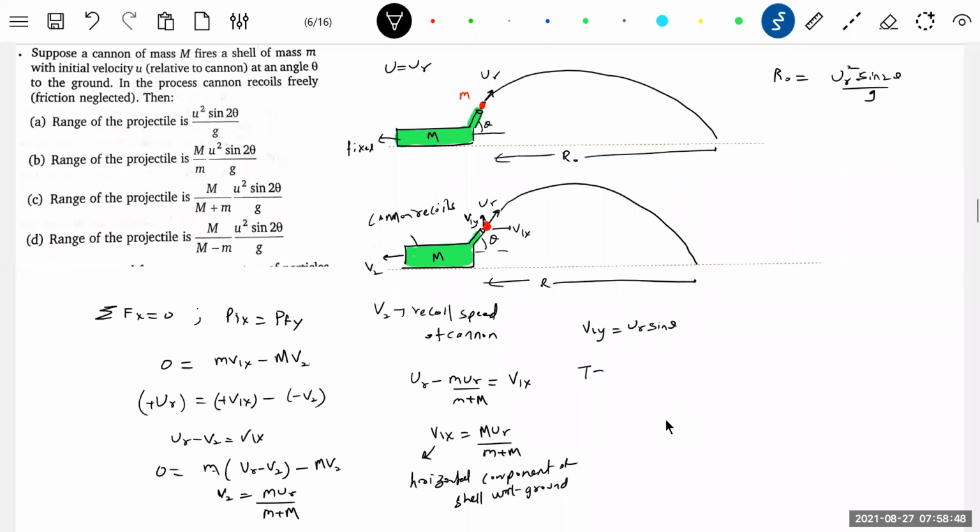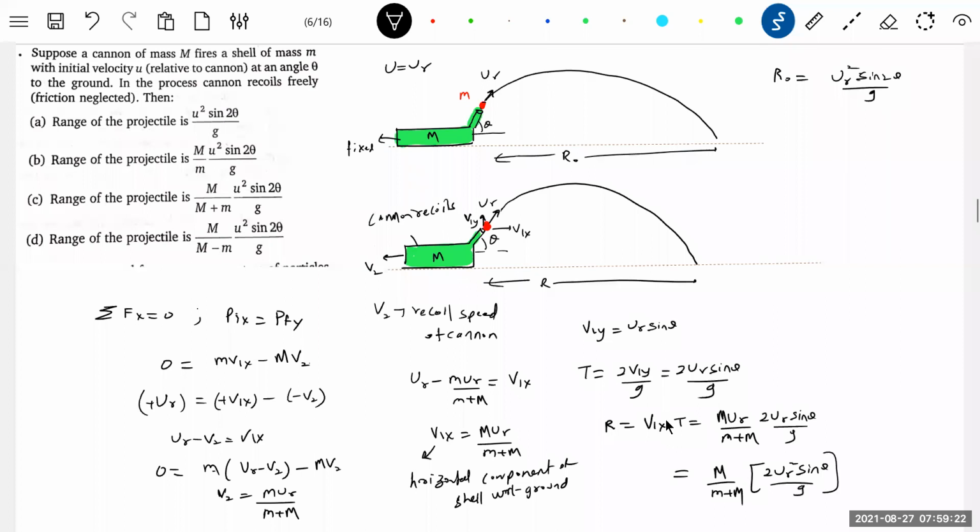And we'll determine the time of flight, 2v1y by g, so 2ur sin theta by g. That ur is nothing but u, already indicated. So shall we calculate the new range? The new range will be v1x into t. What is v1x? m ur by small m plus capital M, times 2ur sin theta by g.